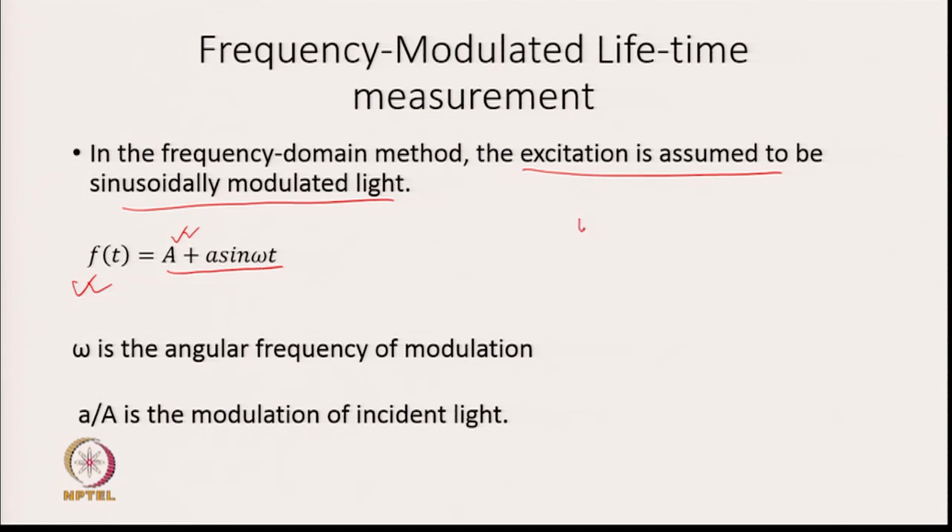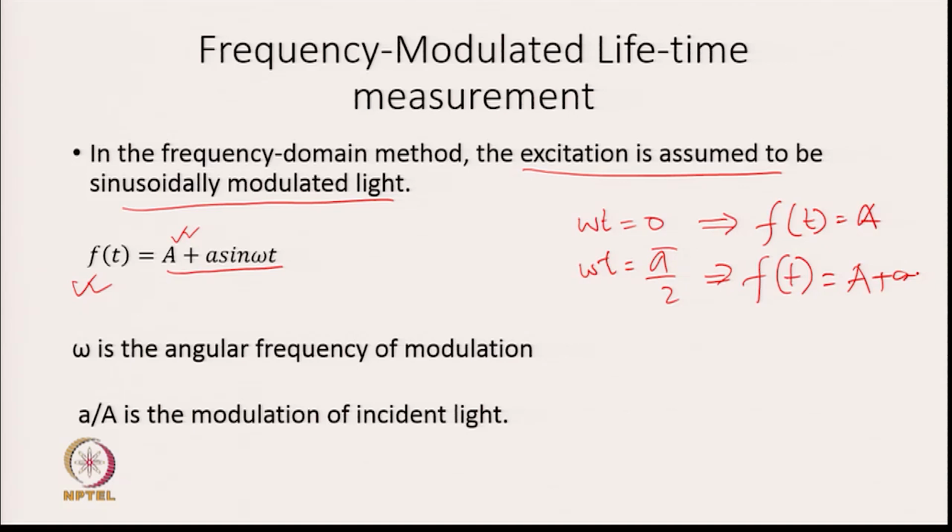So, when omega t is equal to 0, then f t is equal to A, because the sin term will be 0. When omega t is equal to pi by 2, then f t is equal to A plus a, because sin omega t becomes 1 and a into sin omega t becomes a.